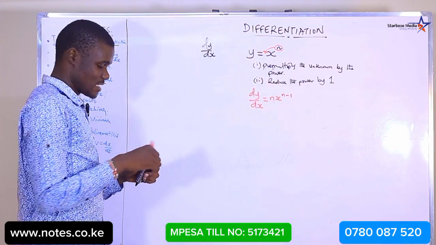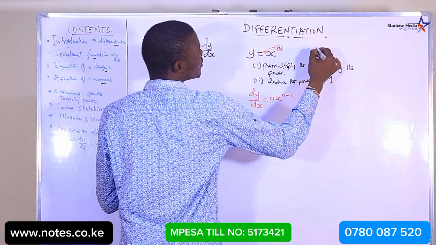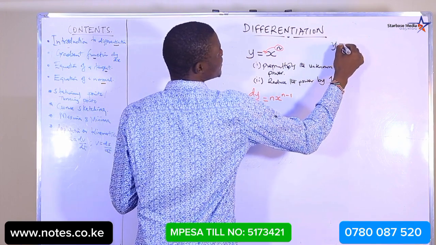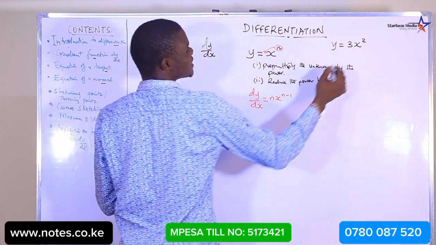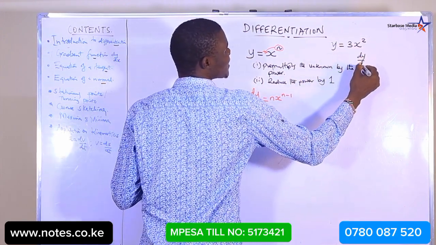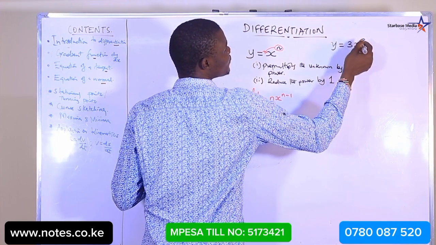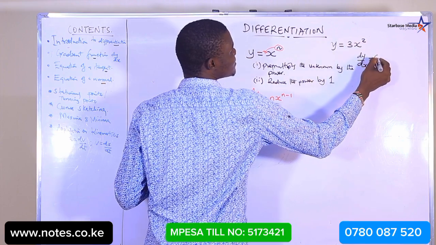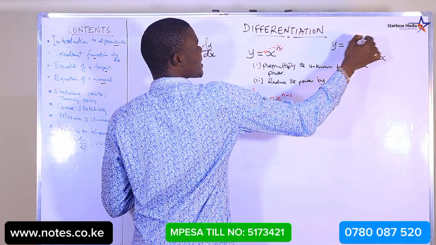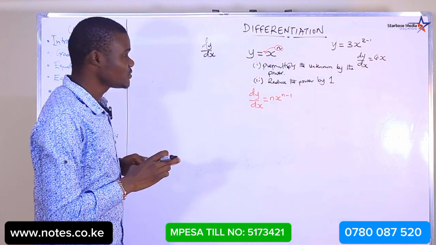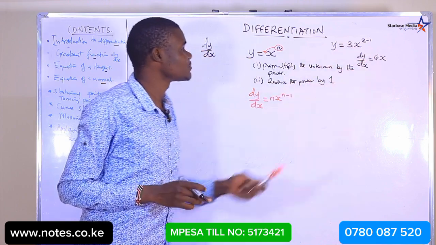As simple as such. An example is, if you are told to get the gradient function of the line y is equals to 3x squared, how do you differentiate? You just say dy over dx is equals to, you multiply this by this, you get 6, and you get x, because we are going to reduce this power by 1, so x is going to remain as x to the power 1.